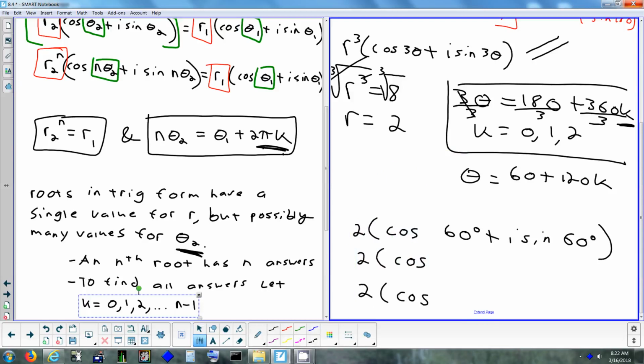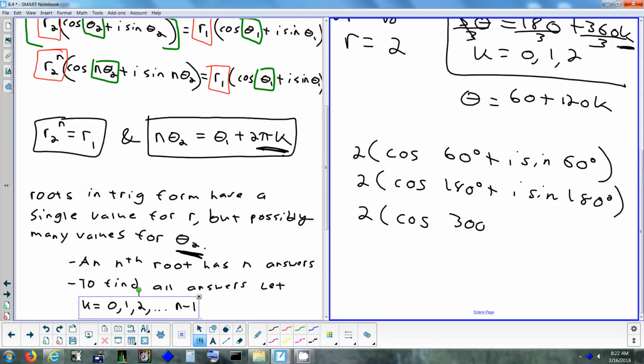Second answer. 120 times 1 plus 60 is how much? Yep, 180. So 180. And 120 times 2, that's 240. 240 plus 60 is 300. And those are your answers.